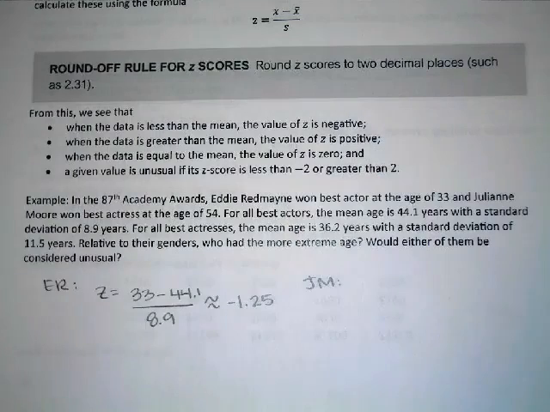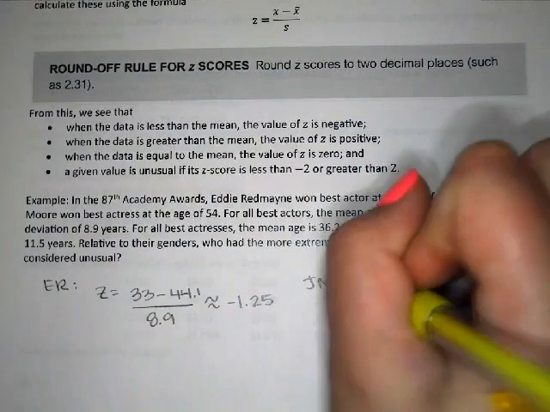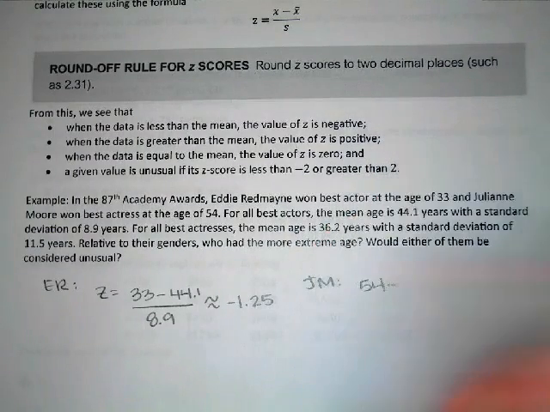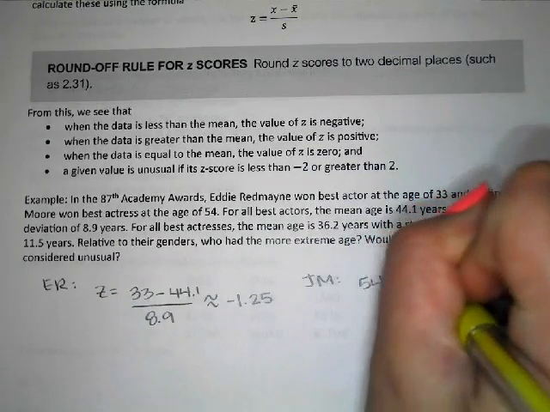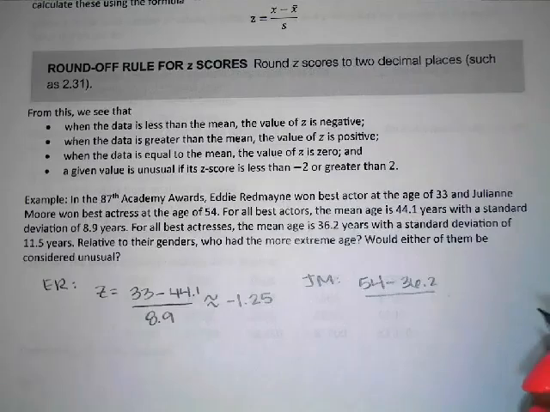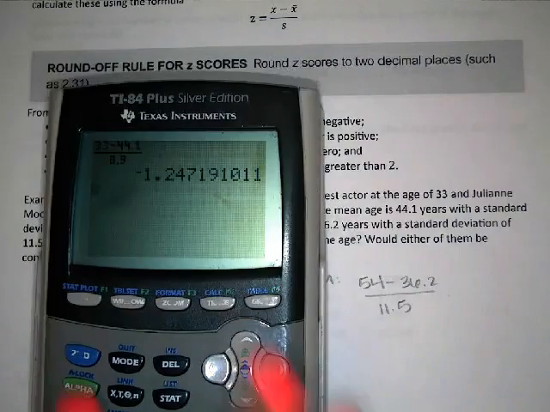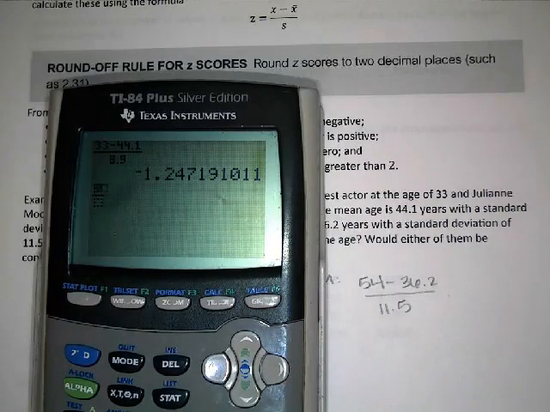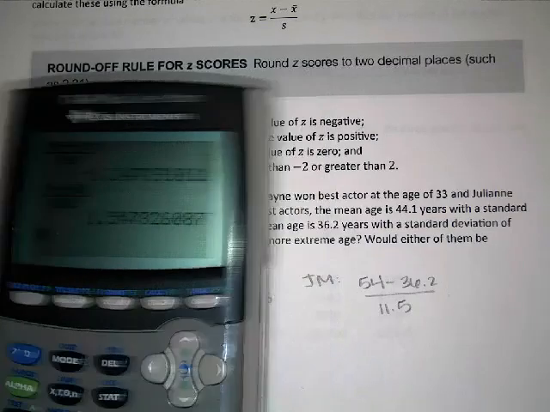Okay, so for Julianne Moore, we have 54, and then mean of 36.2, divided by a standard deviation of 11.5. 1.55.